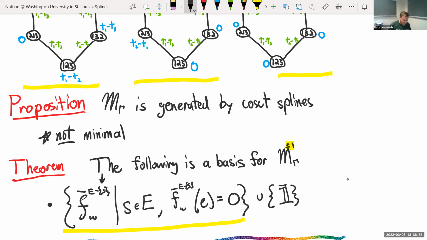So it's going to be linear. So all the linear coset splines that aren't supported at the identity, together with the spline where I put 1 everywhere, forms a basis of the free module M gamma upper 1.